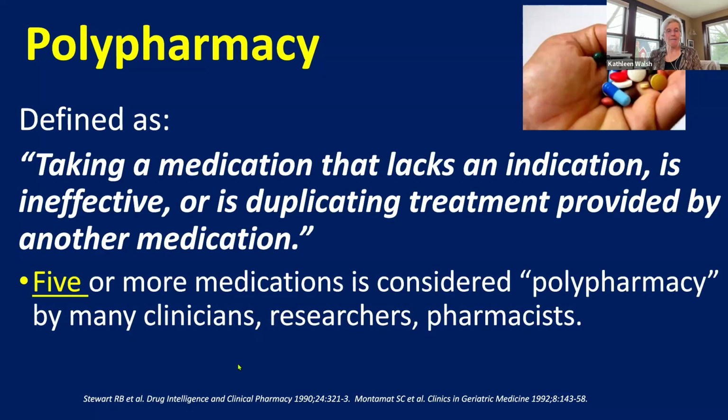Polypharmacy is 5 or more medications, considered polypharmacy by researchers, pharmacists, and clinicians. If you, your patients, your family members take 5 or more medications, that is considered polypharmacy. And this includes over-the-counter, CBD, marijuana gummy bears, everything.